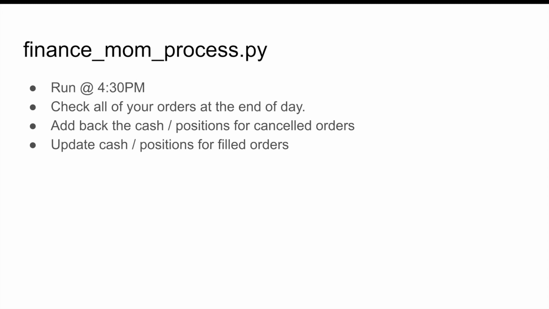As I mentioned before, if the orders are not filled, you should cancel those orders and adjust your cash balance or stock position balance. And if they are filled, those cash and stock positions will probably be okay. And this is probably the most important thing, I cannot emphasize it more, or else you will overbuy and oversell, and going into the margin is quite a scary thing to do.